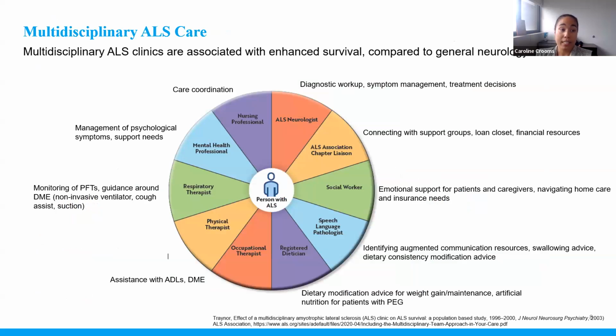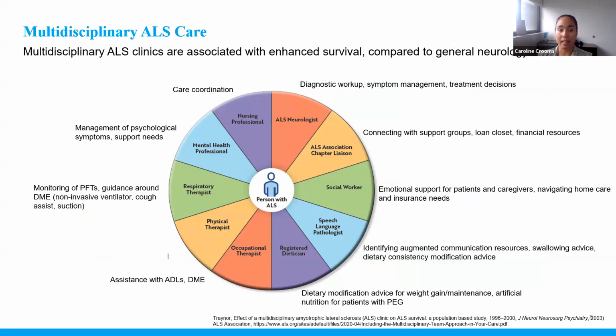So multidisciplinary ALS clinics are associated with enhanced survival compared to being followed in a general neurology clinic. So like palliative care, ALS management is really a team sport. And I'll just go through what each of the people in an ALS clinic typically does.